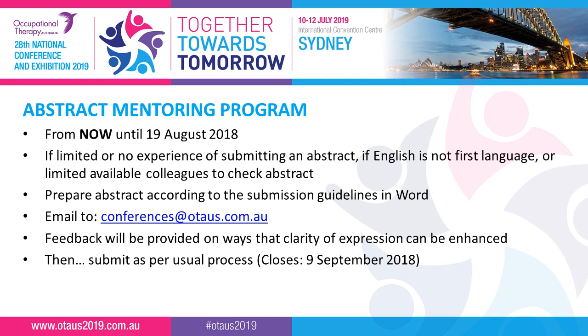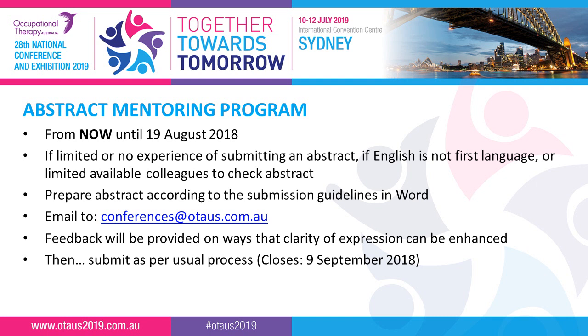So, as I mentioned previously, we know that there will be some people who are new to writing abstracts and who don't have access to a wide network of people who can provide support and guidance. And so if that relates to you, then consider involving yourself in the abstract mentoring program.